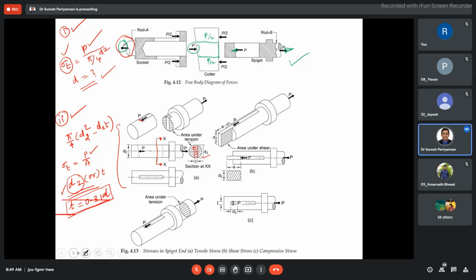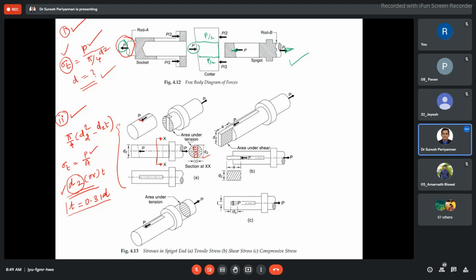Sometimes we are going to design our quarter and compare with this, to see whether our design is acceptable or not acceptable. That we are going to do later.